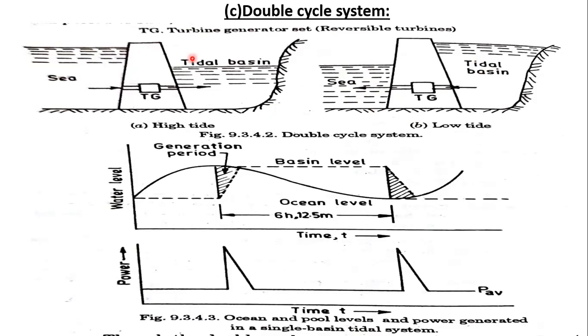So this is the filling process and this is the emptying process. The filling process starts when the sea level is higher than the tidal basin. The emptying process starts when the sea level is lower than the tidal basin. That's why it is called low tide: we are comparing with the sea. When the sea is high, it is called high tide, and when the sea is at low level, it is called low tide.